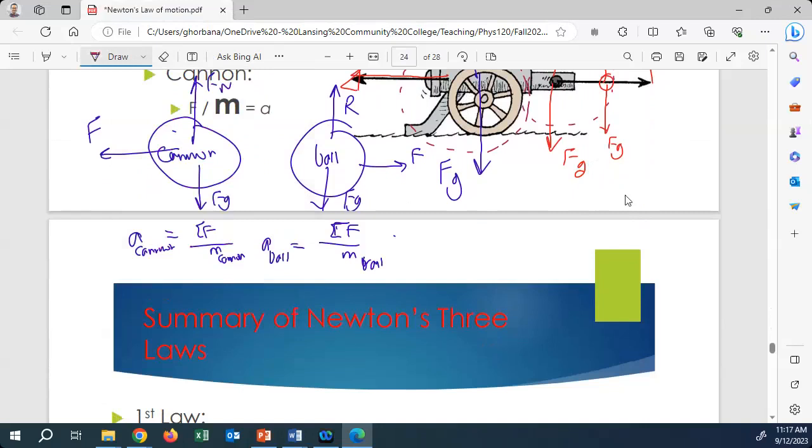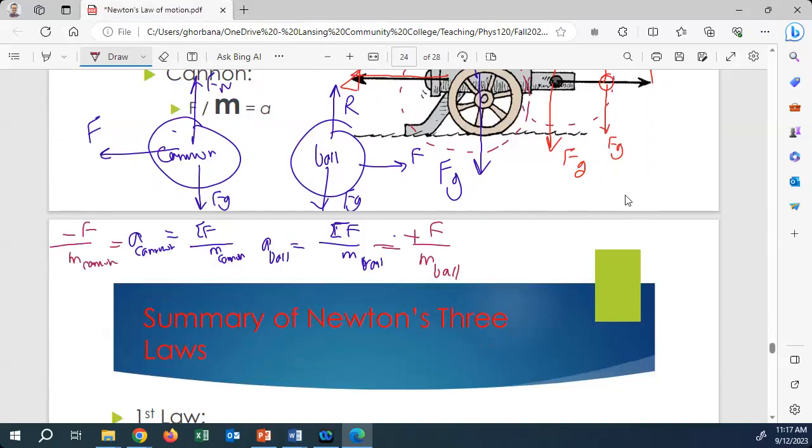Positive F divided by the mass of the ball. What is the force exerted on the cannon? Still negative F, perfect, divided by the mass of the cannon.